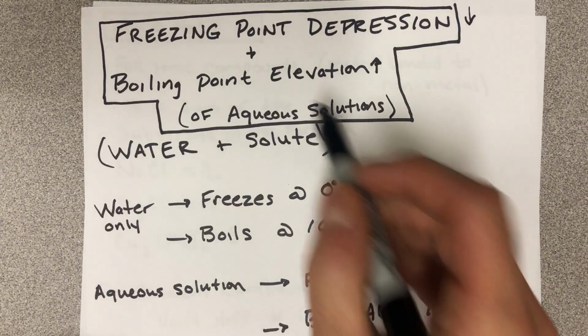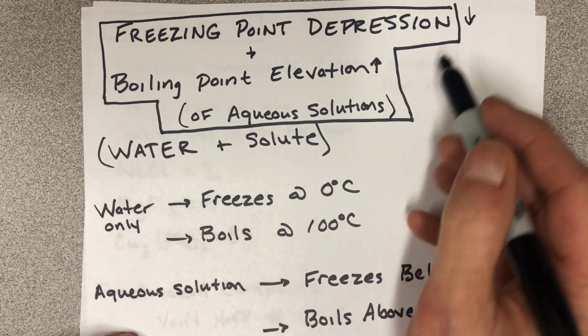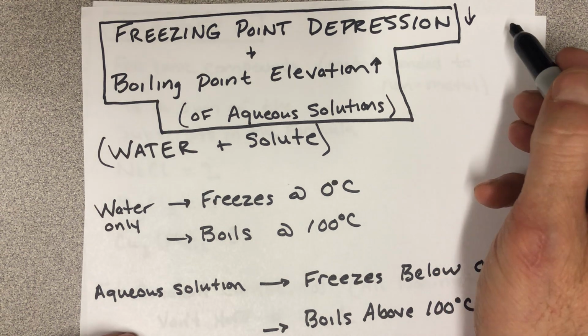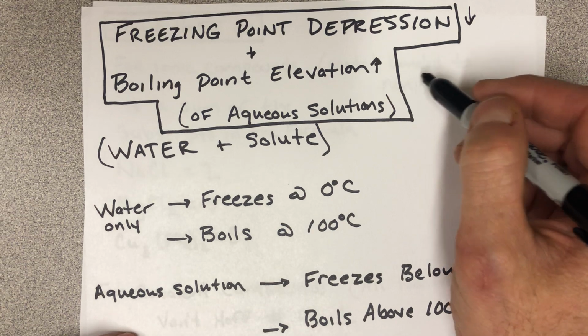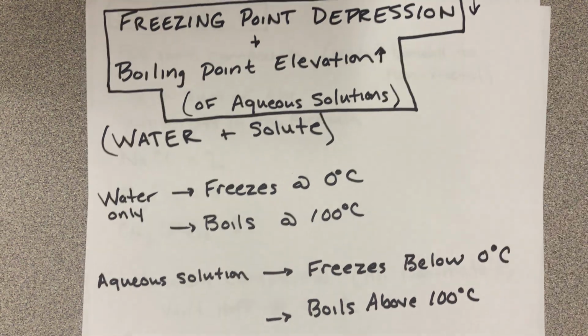So that's what we mean by freezing point depression and boiling point elevation. We can depress or lower the freezing point of water by adding a solute to it, and we can elevate or raise the temperature at which that water would boil by adding a solute to it as well.